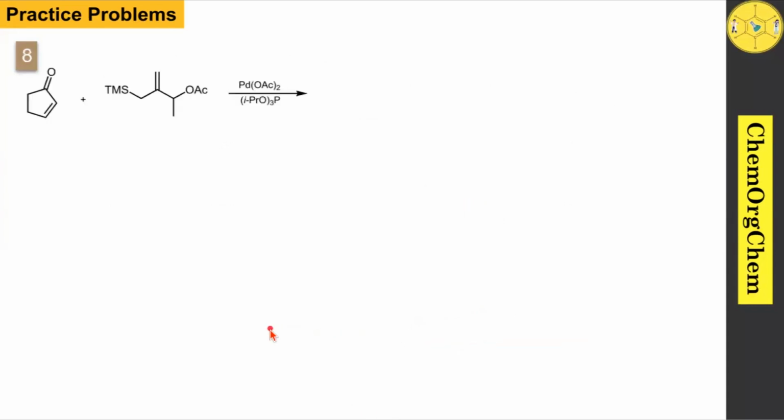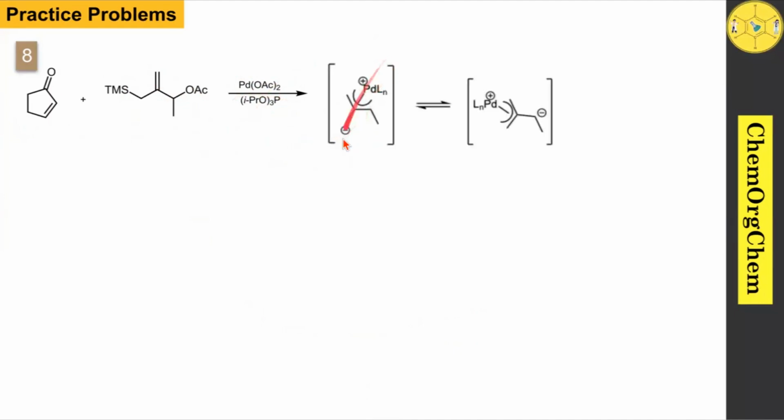So let's move to our eighth practice problem. This is a cycloaddition problem. Now you can see that when we use palladium acetate along with a suitable ligand, it could generate the respective dipole. Here you can see that this dipole quickly isomerizes to produce this respective dipole.